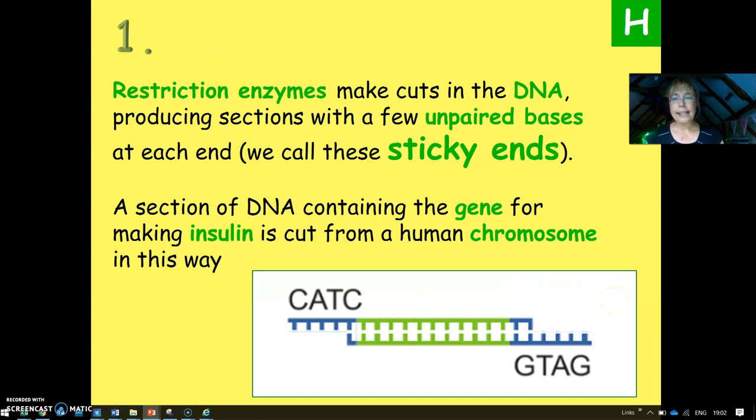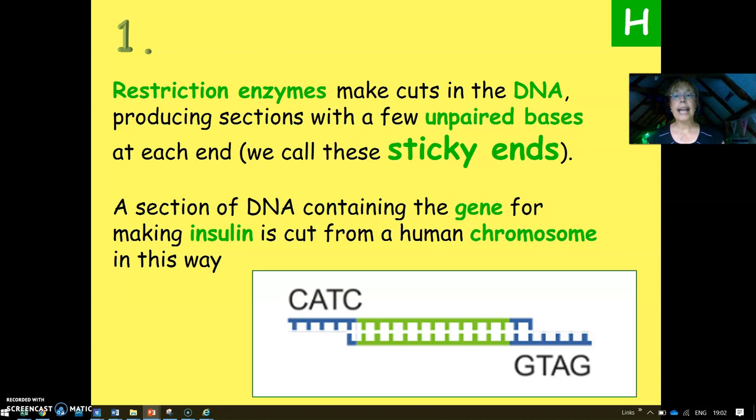A section of DNA containing the gene for making insulin, for example, is cut from a human chromosome in this way. So if I'm trying to make insulin, I will get from a human cell, and extract that section of the DNA, that gene that makes insulin.